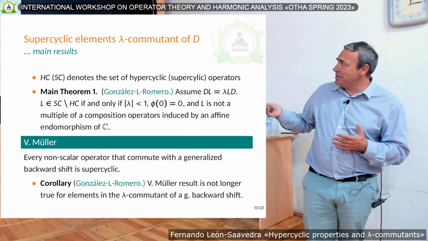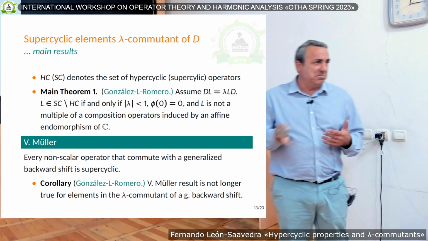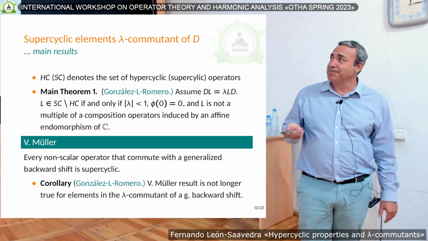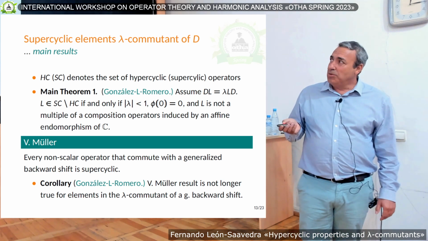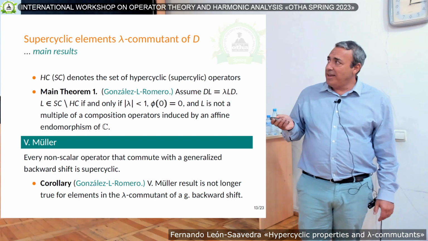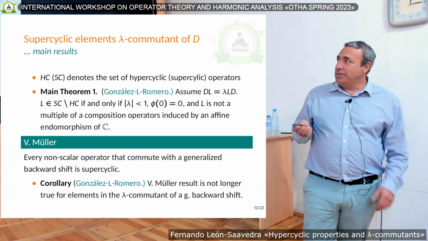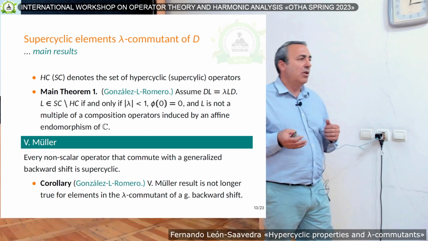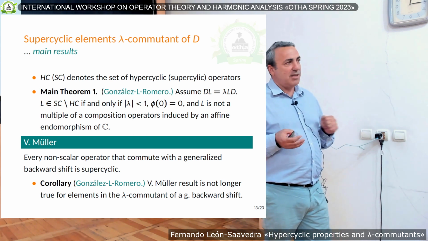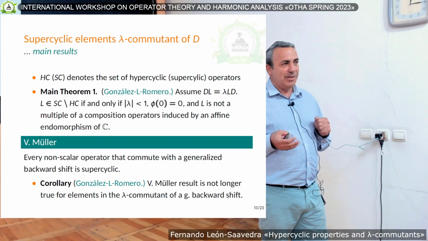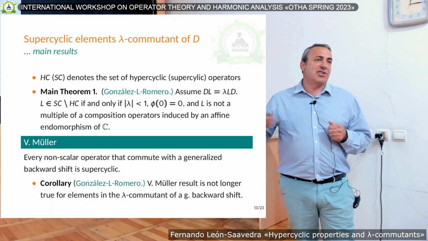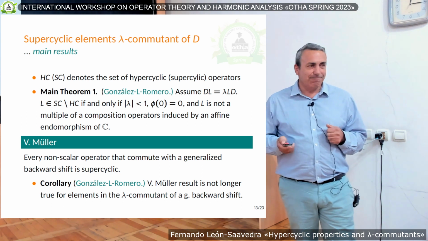Its behavior is very near to the backward shift. It is a weighted backward shift, in fact. And as a corollary, we say that Vladimir Müller's result is no longer true for the lambda commutant of an operator. Not every operator that lambda commutes with a generalized backward shift is supercyclic.